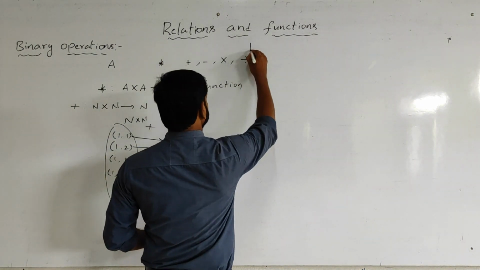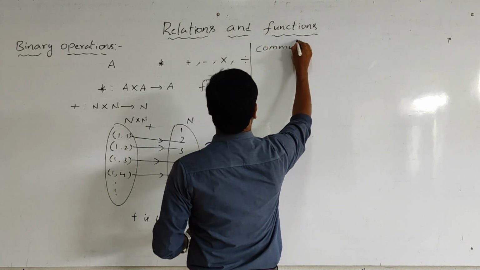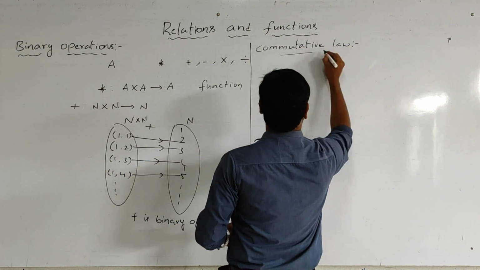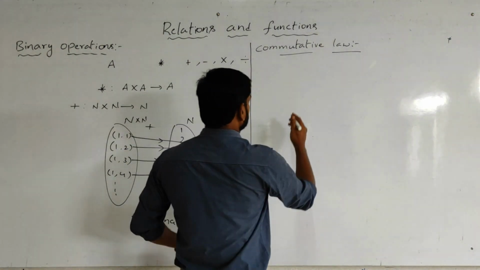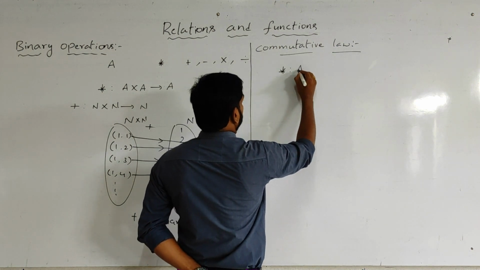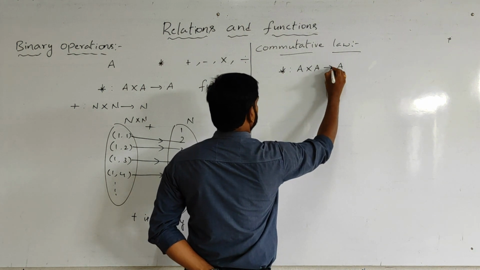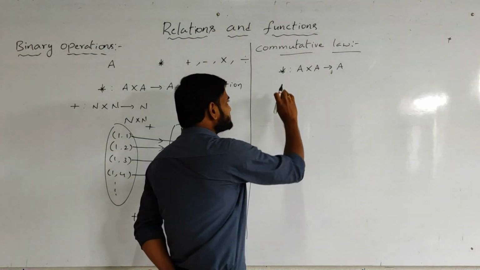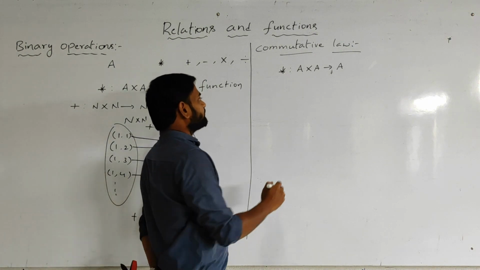Next, commutative law. Now see here. Here I am taking a binary operation star from A cross A to A. This is a binary operation. When can you say this binary operation is commutative?